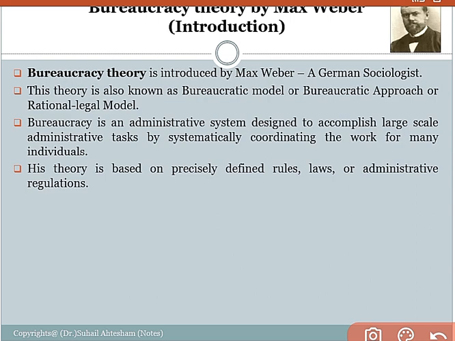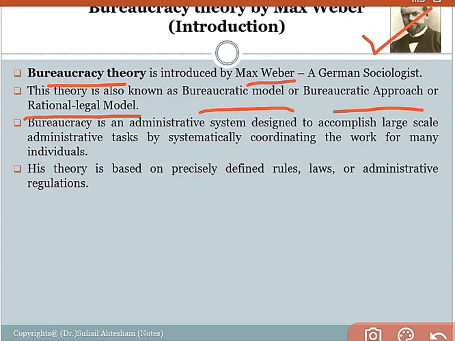So, here we can see bureaucracy theory is introduced by Max Weber, who was a German sociologist. Bureaucracy theory is also known as bureaucratic model, bureaucratic approach, and rational legal model.